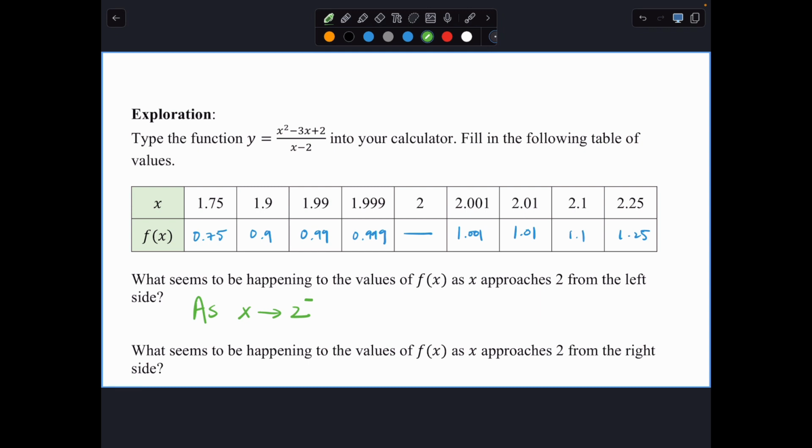Remember? Foreshadowing. So as x approaches 2 from the left, it seems like f of x is approaching 1. Are we all in agreement about that?